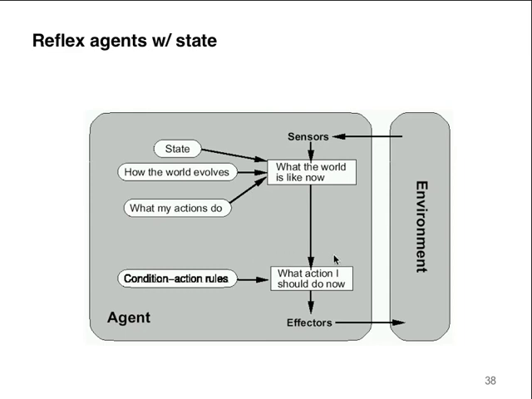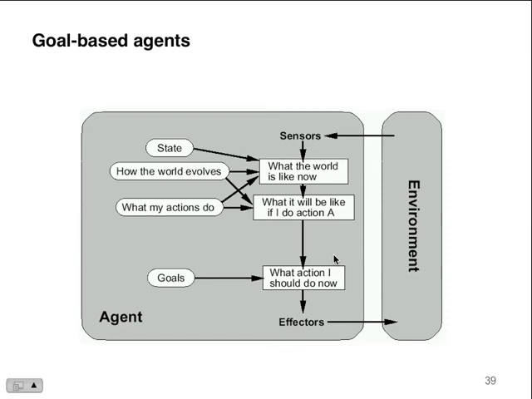So rule-based reactions exist. Then we have goal-based agents. Some of you have a goal: you want to get a graduate degree, and then you want to get a good job. Everyone in here probably wants a good job, I would hope. So you're an agent responding with the goal in mind. Every activity that you do, hopefully, is going to lead you closer to the goal, because you're goal-based normally.